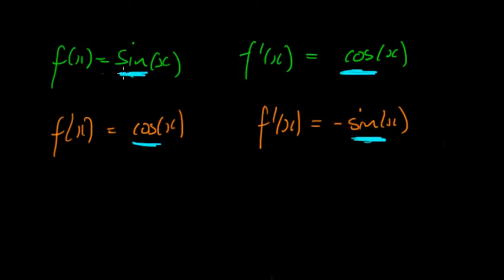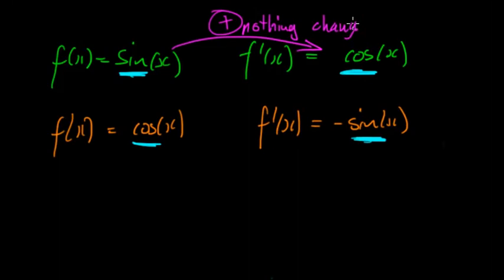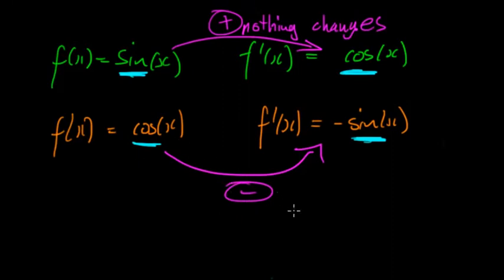So when you're going from f(x) equals sine x to cos x, then it remains positive. Or if it's negative, then it would remain negative. So nothing changes. But if you start at cos x, so f(x) equals cos x, then you go to sine, you're effectively timesing it by negative 1. So it becomes negative.